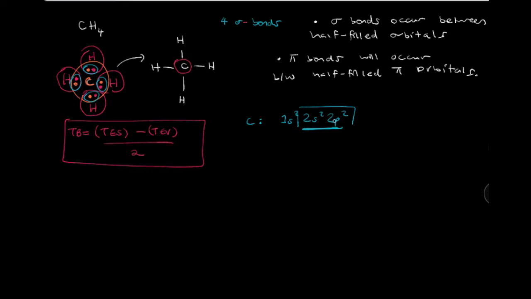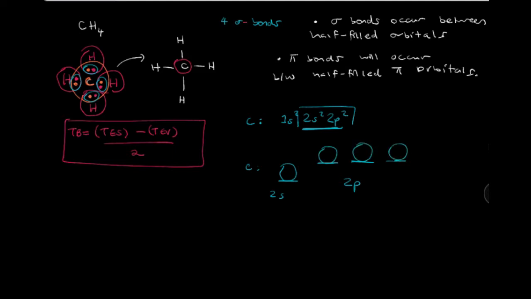There are 2 subshells in question here: the 2s subshell and the 2p subshell. So if I draw out the valence shell, carbon is going to have the 2s subshell here and the 2p subshell here.